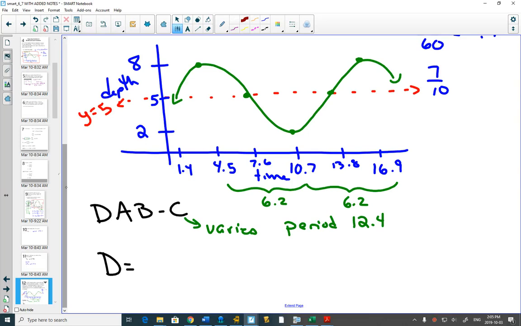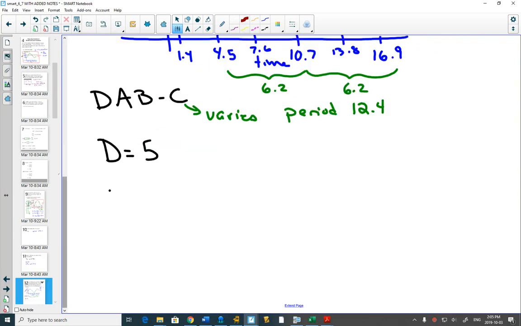Can you see your center line is at 5? What's our amplitude? 3. Our formula for our b value is 2 pi over the period. Our period is 12.4. 2 pi over 12.4.